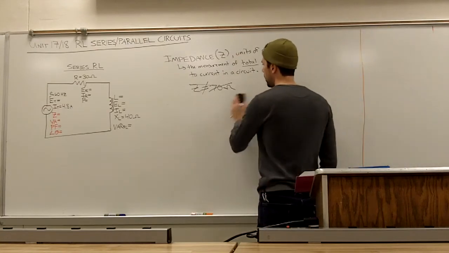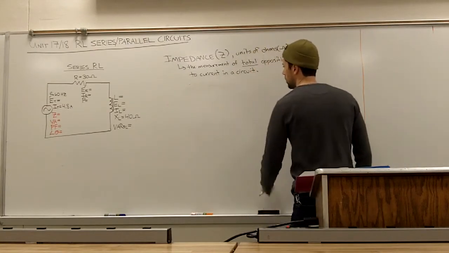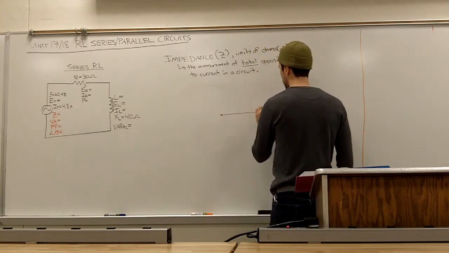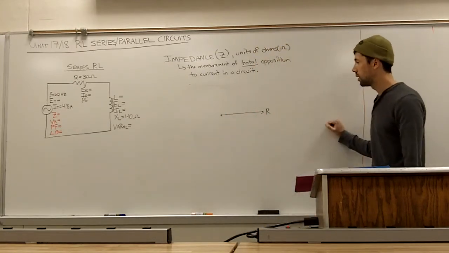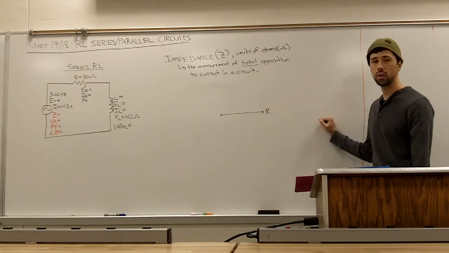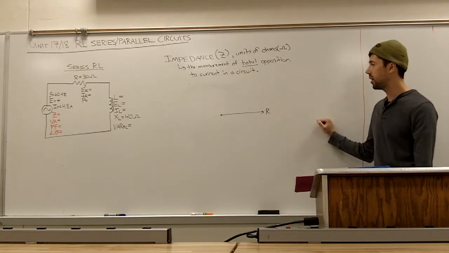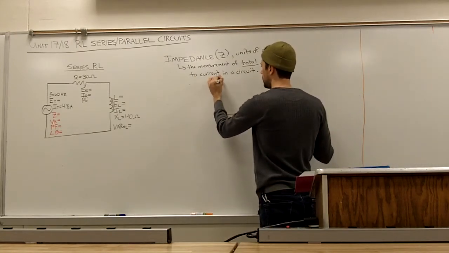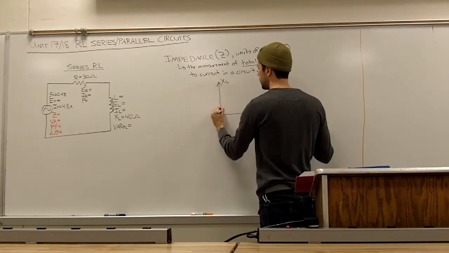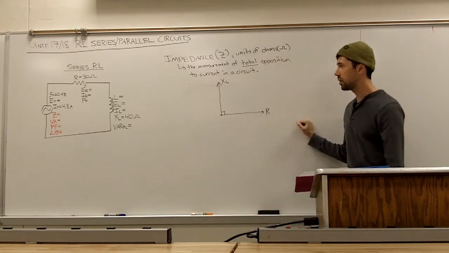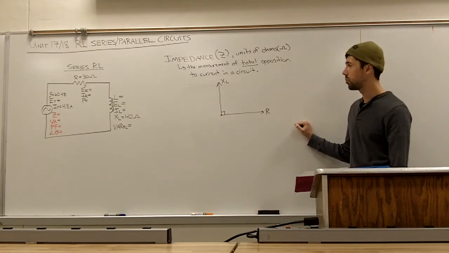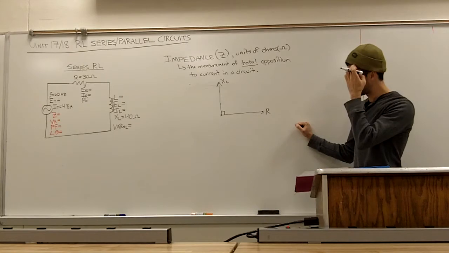So if I was to draw each as a vector, here my resistance R is going to be at 0 degrees because voltage and current are 0 degrees out of phase in a purely resistive circuit. And now I'm going to draw my inductive reactance, X sub L, at positive 90 degrees. Why? That's because voltage and current are 90 degrees out of phase in a purely inductive circuit.